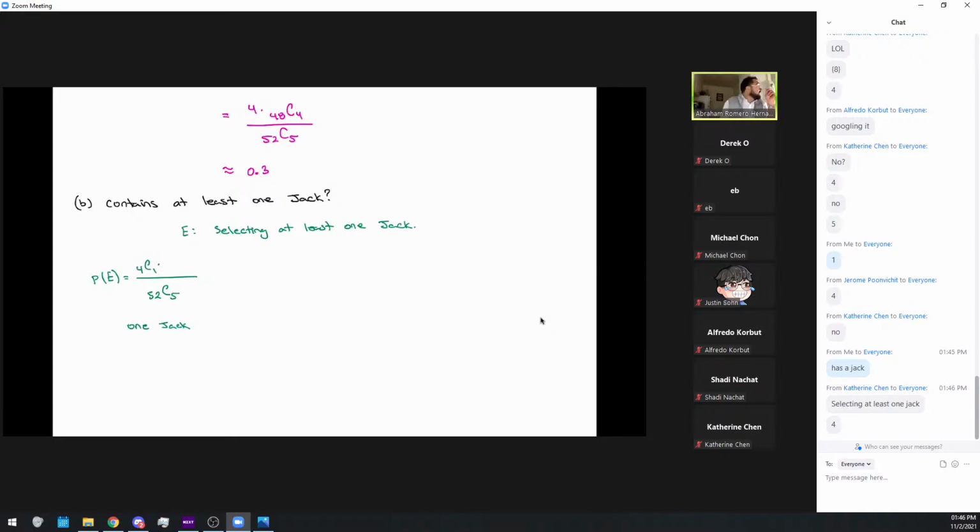But that means I have 4 cards left because I want 5 cards in total. But this hand should only contain 1 jack, which means my other 4 cards, there better not be a jack in there. So I'm going to remove them. So that means I have 48 choose 5. Does that make sense so far?